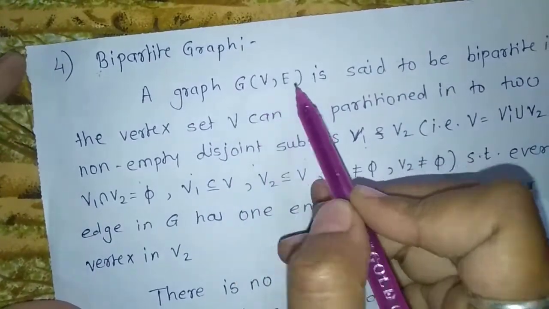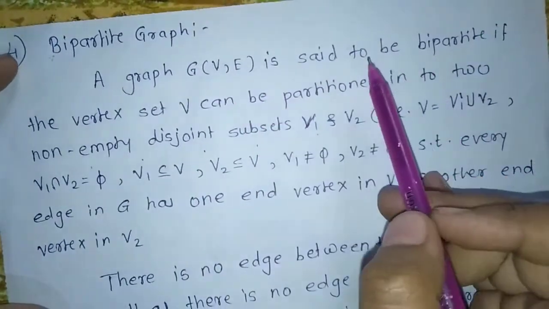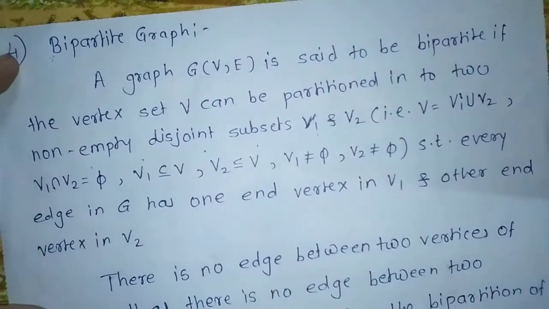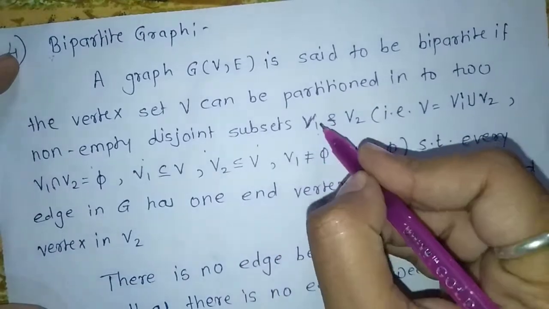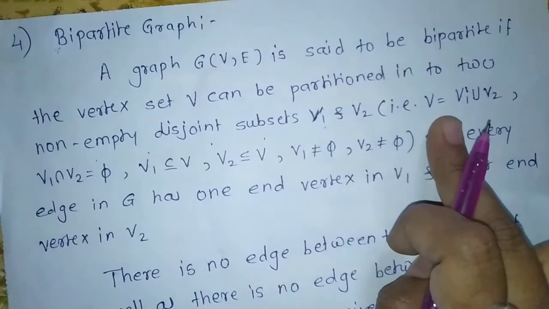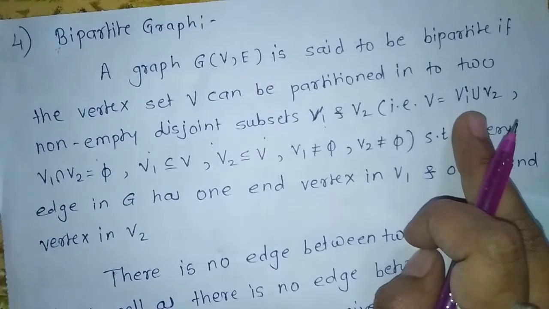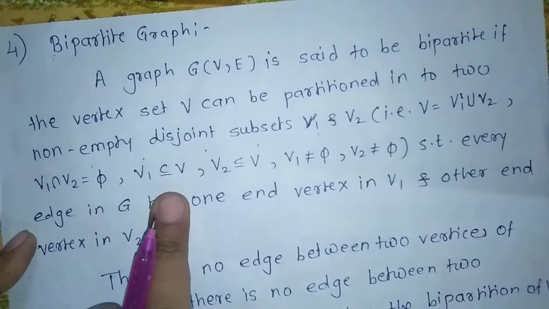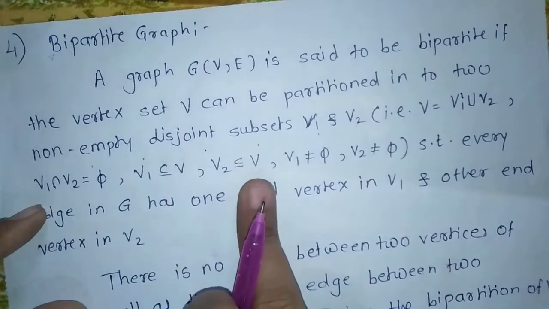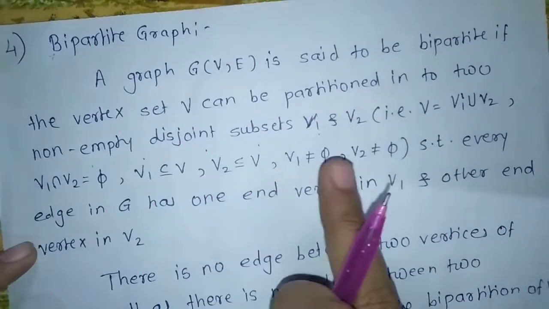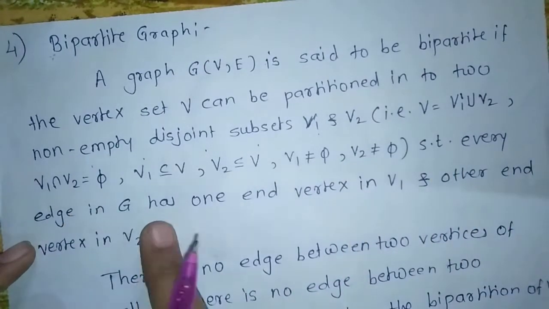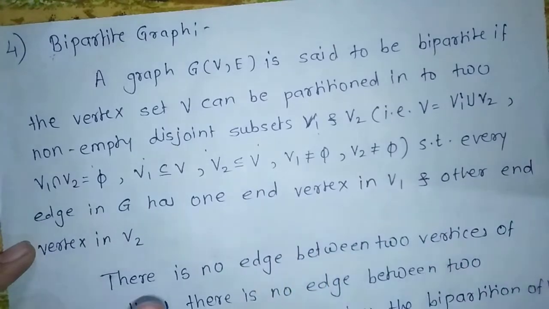A graph G(V, E) is said to be bipartite if the vertex set V can be partitioned into two non-empty disjoint subsets V1 and V2. That is, V is equal to V1 union V2, V1 intersection V2 is equal to phi, V1 is a subset of V, V2 is a subset of V, and V1 and V2 are non-empty, such that every edge in G has one end vertex in V1 and the other end vertex in V2.